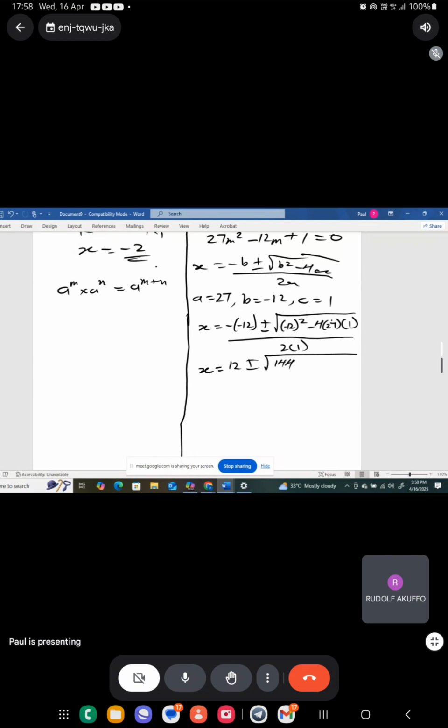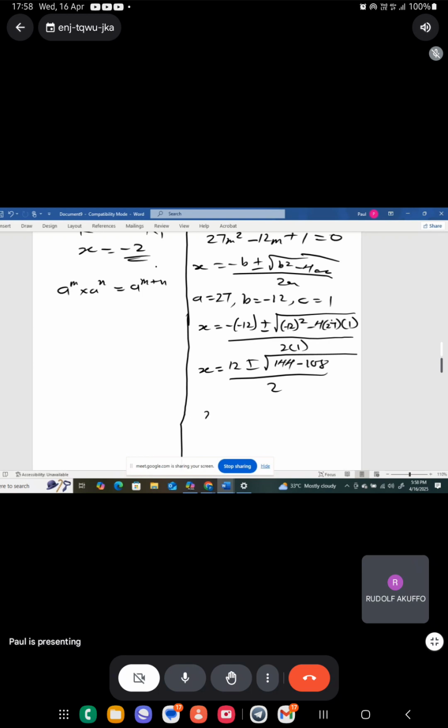Now minus 4 times 27 times 1 will be negative 108, divided by 2.